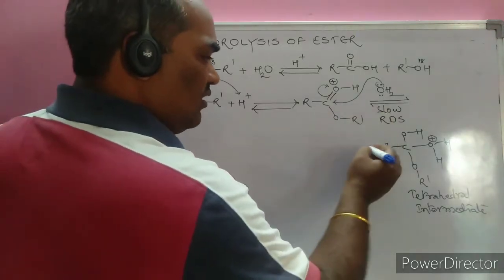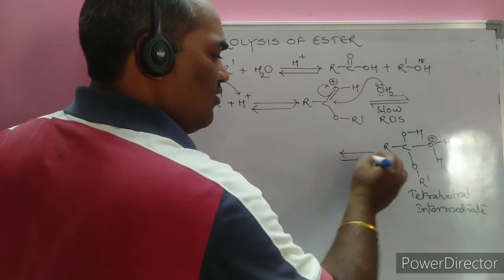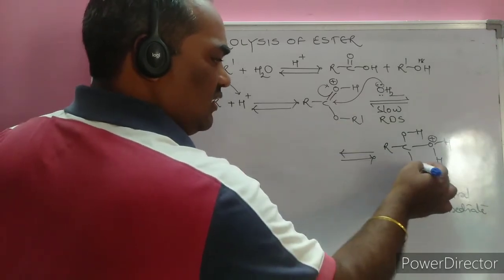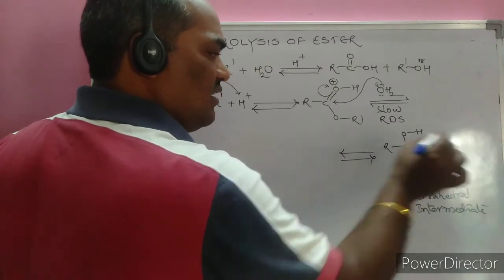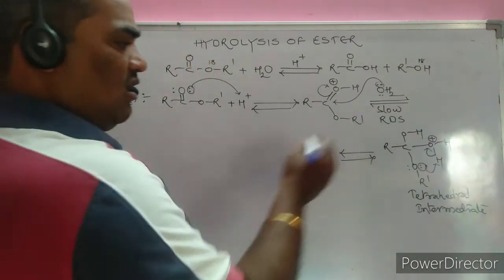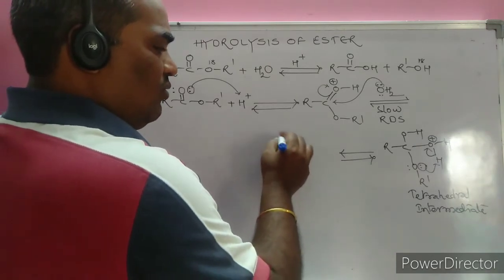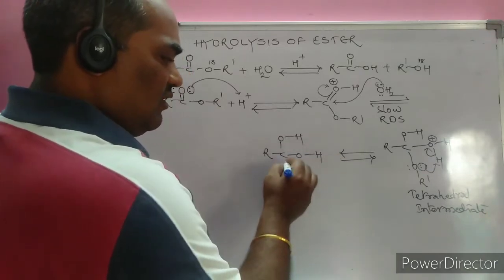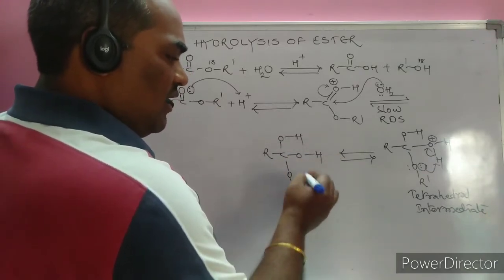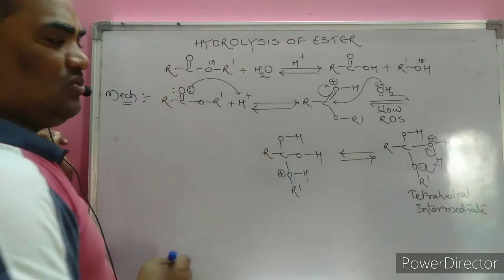Now what happens here for this reversible reaction is that the oxygen containing a lone pair of electrons attracts this proton, as a result it gives electrons towards this side. Now what should be formed? R O H, and this side is OH, here is O R dash and H formed, it lost its electron, so it carries a positive charge.